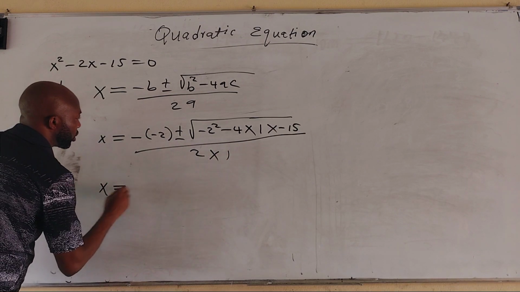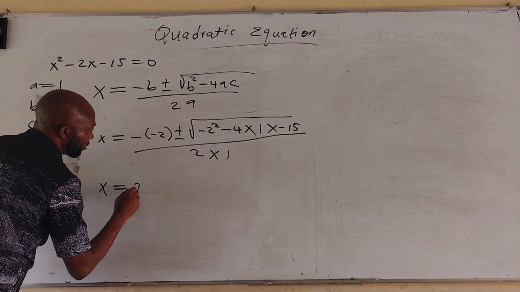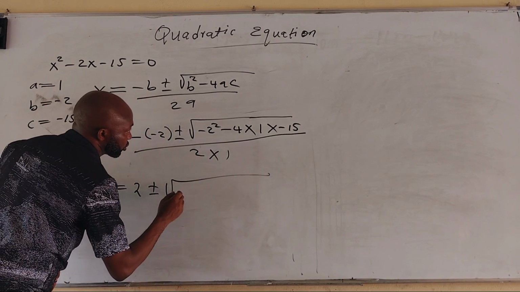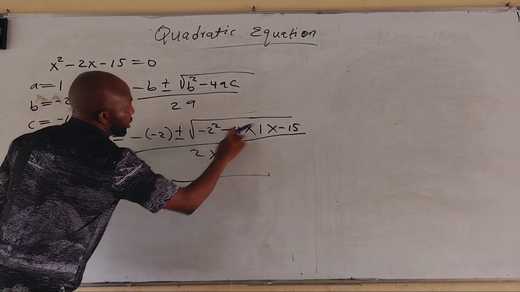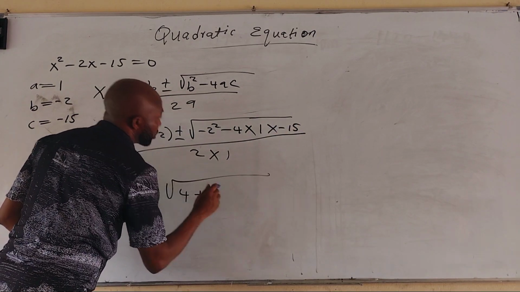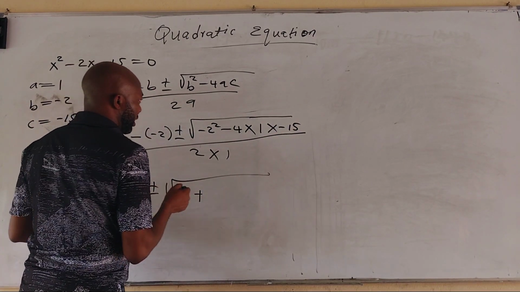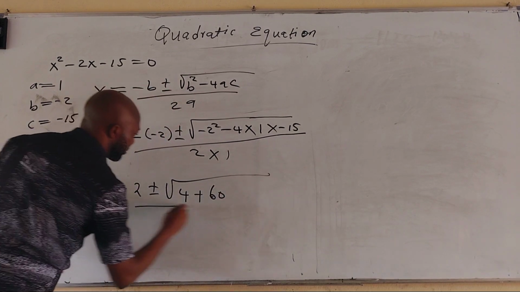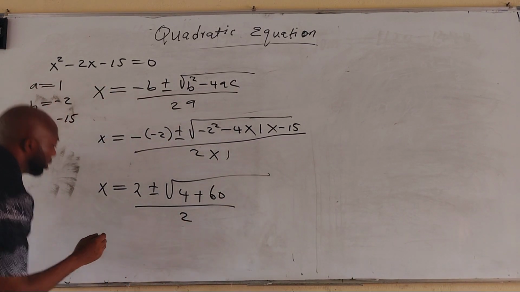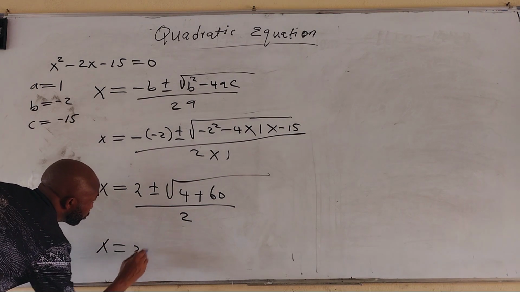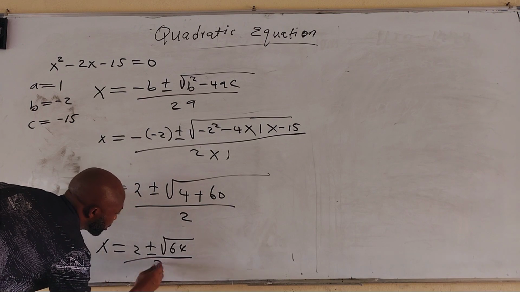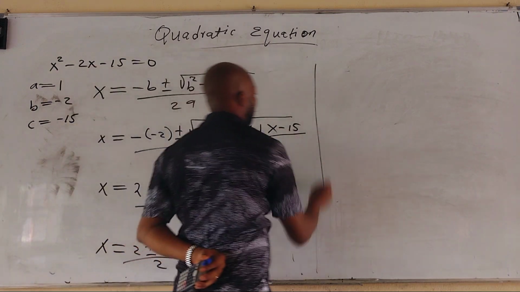So my X is equal to minus times minus is plus. So I have my 2 plus or minus the root of minus 2 squared is 4. Minus times minus is plus. 4 times 15 is 60, all over 2. X is equal to 2 plus or minus the root of 64 over 2.